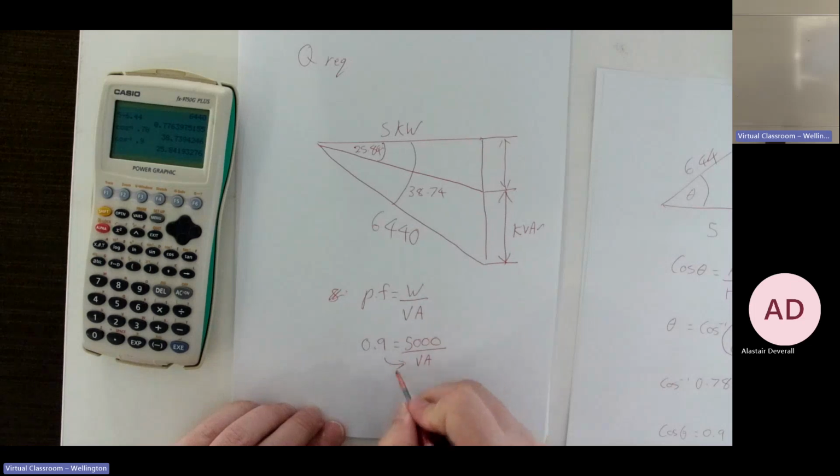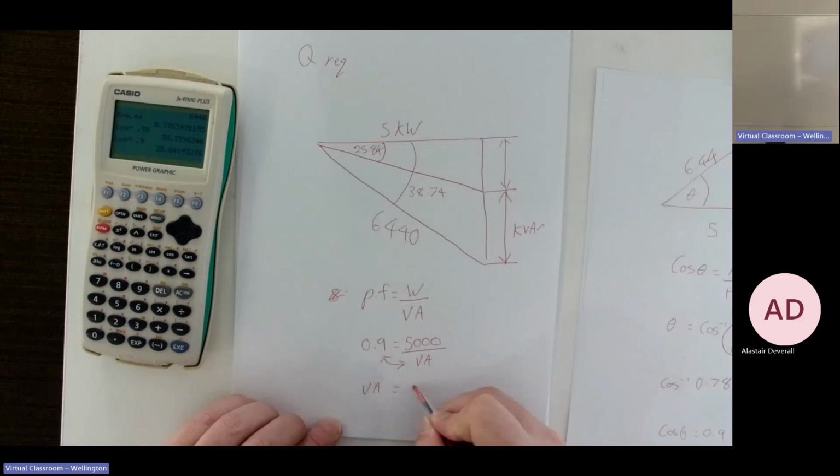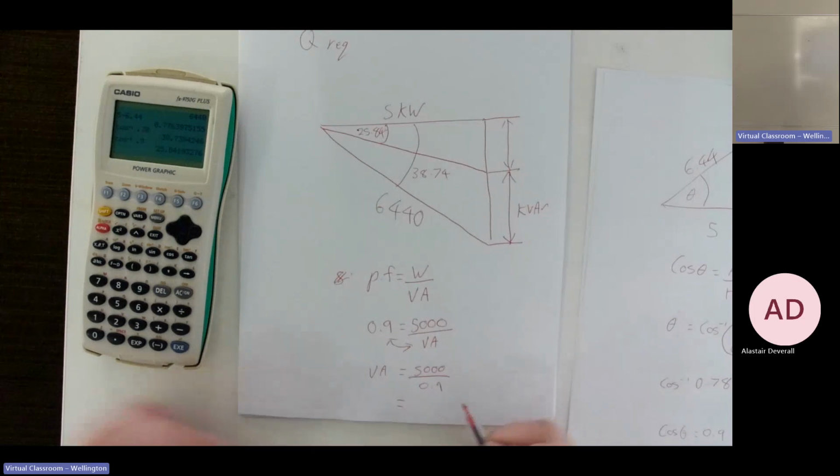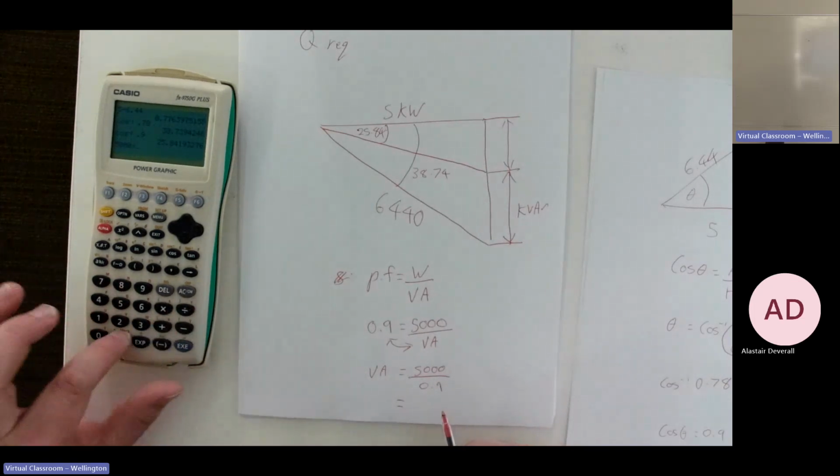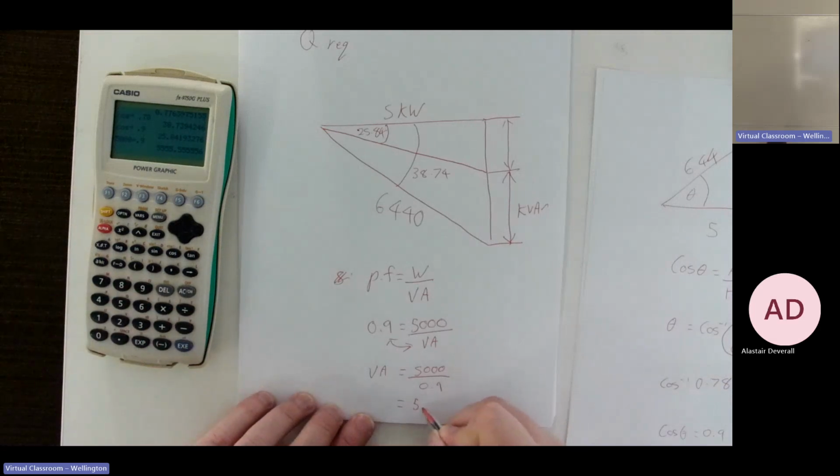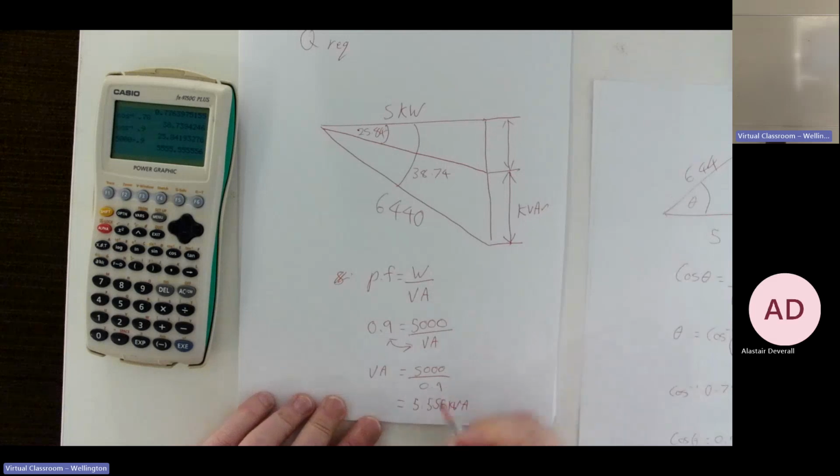We can swap these two values with a quick rearranging, so we end up with VA equals 5,000 divided by 0.9. 5 divided by 0.9 is 5.555 kVA. I should have had a decimal point. Being that it's a 5 at the end, it's 5.56 kVA.